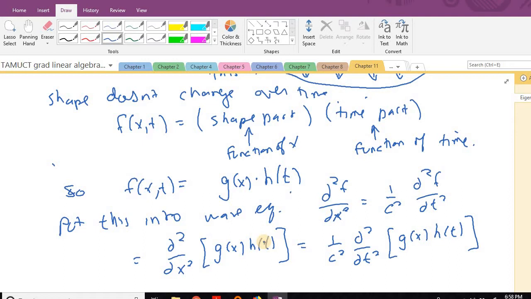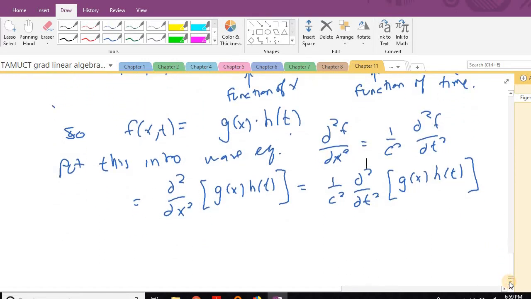And same thing here, d dt, the partial with respect to t means I treat x as a constant and t as a variable. So if I treat x as a variable and t as a constant, what can I do to this side here? Exactly. I can factor out the h of t. And then here I can factor out the g of x. So that's exactly what I can do. And that's going to lead us somewhere.